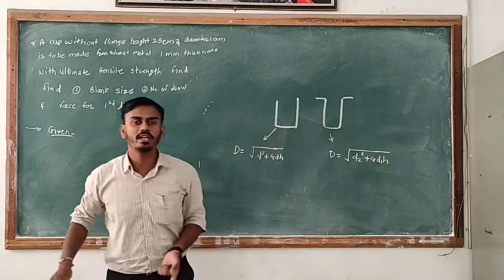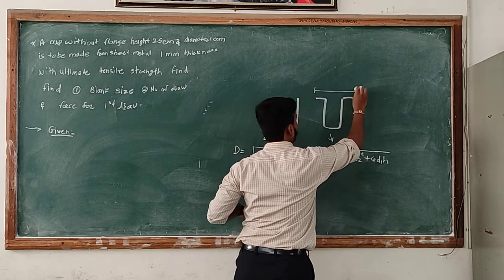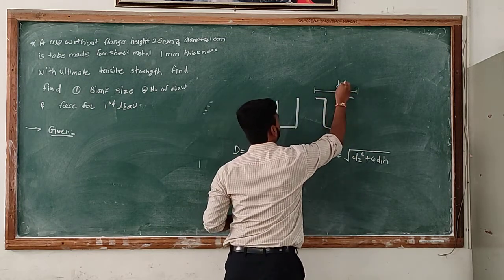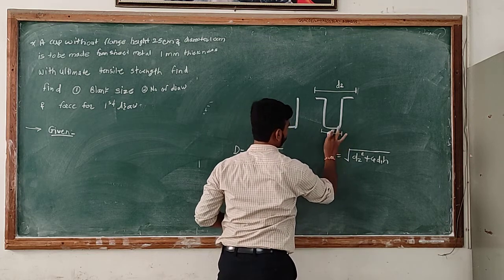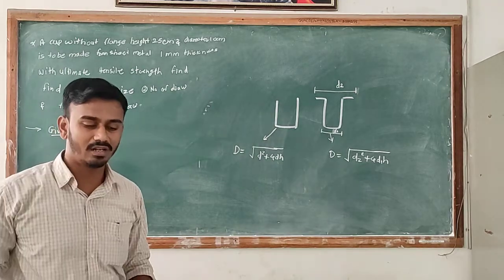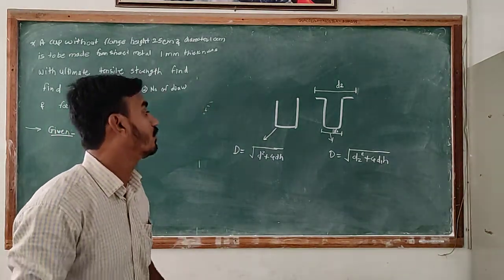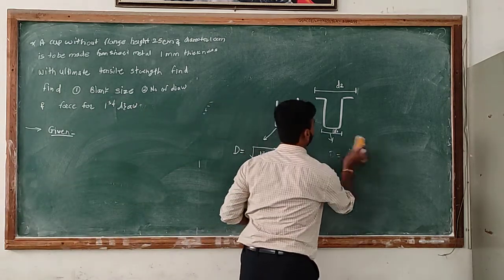Here D2 is this diameter and D1 is this diameter. Generally the numerical will ask on the without flange, so we need to use this formula.